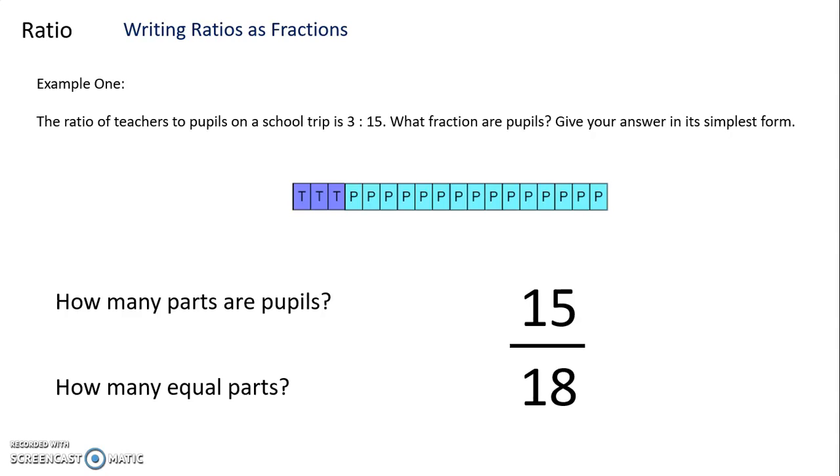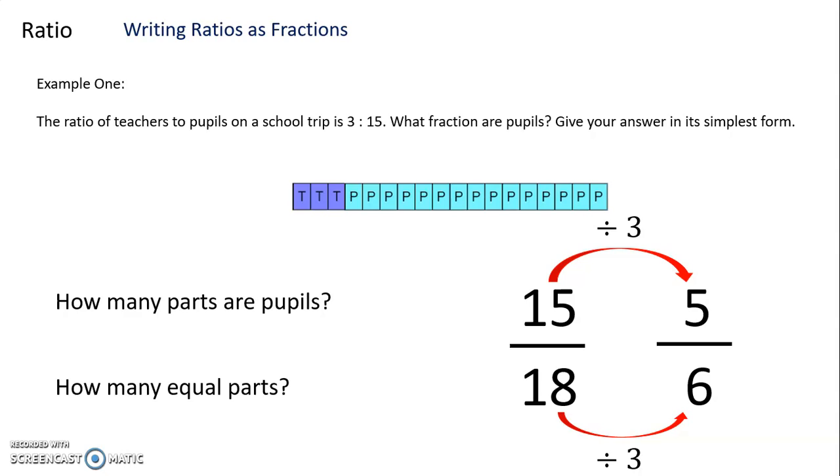But I can simplify this fraction because there is a number that will divide into both of those, and that is 3. So I'm going to divide top and bottom by 3, and that will give me 5/6. So I know that 5/6 of the people on this school trip were pupils.